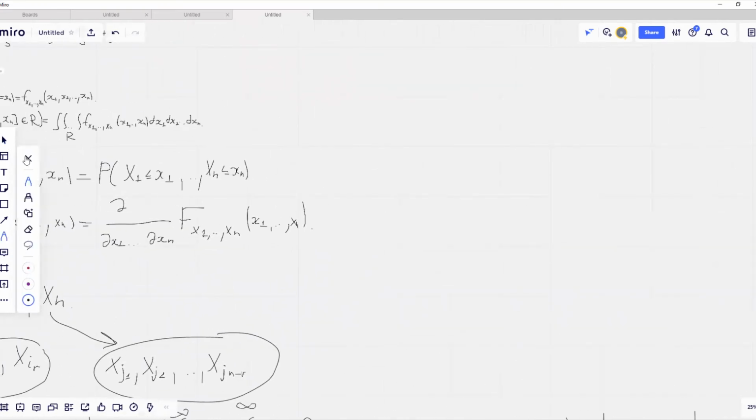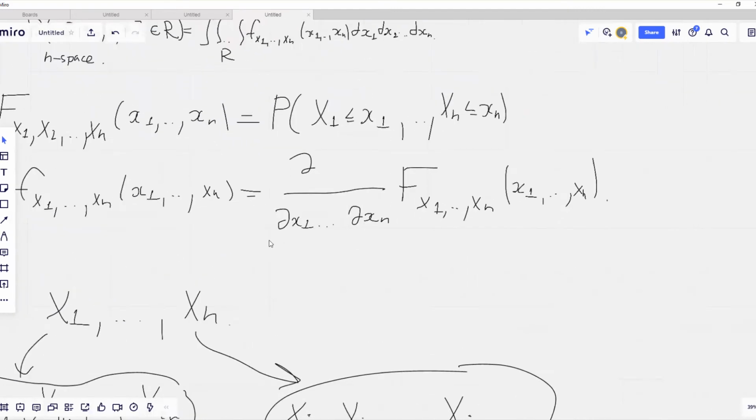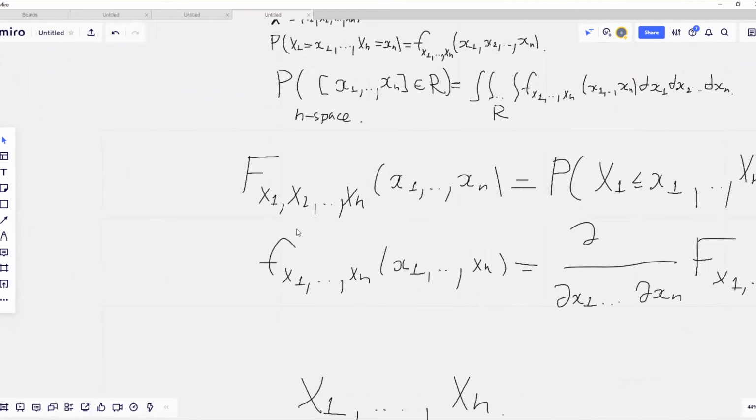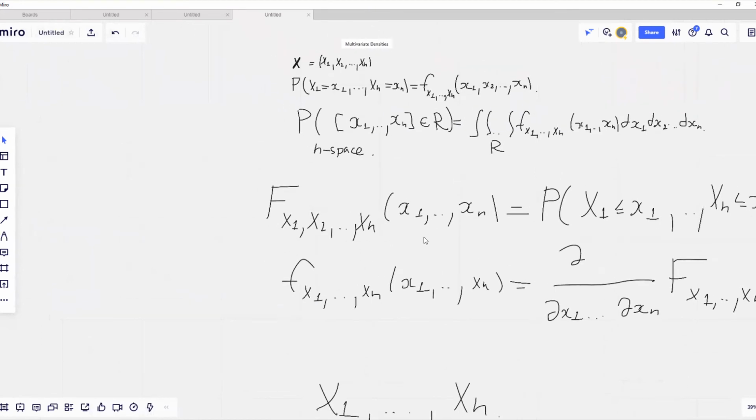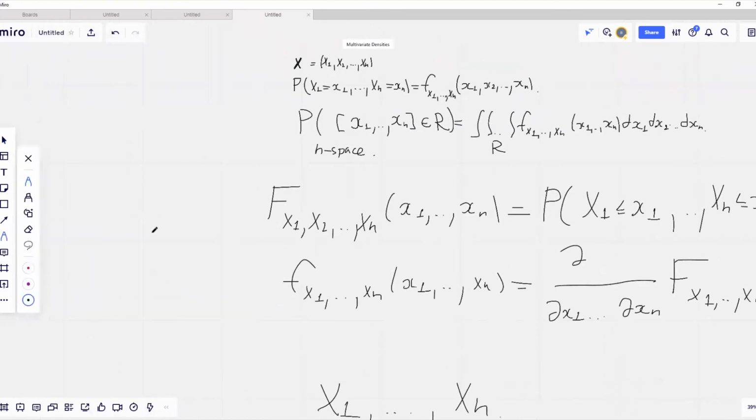So for instance, if you are interested in the multivariate CDF of these random variables, then you can simply call this F subscript big X, in bold. So this is a vector, and that is also a vector that is going to contain values for x1 through xn.